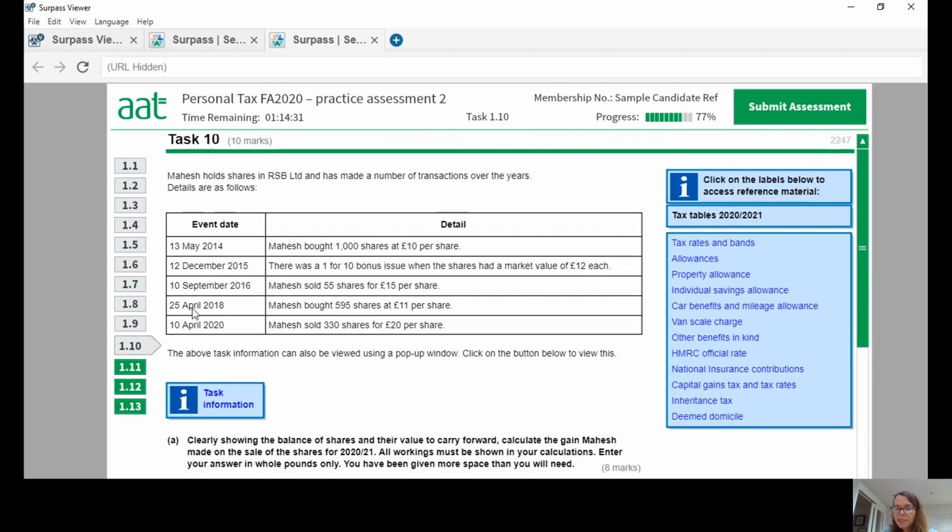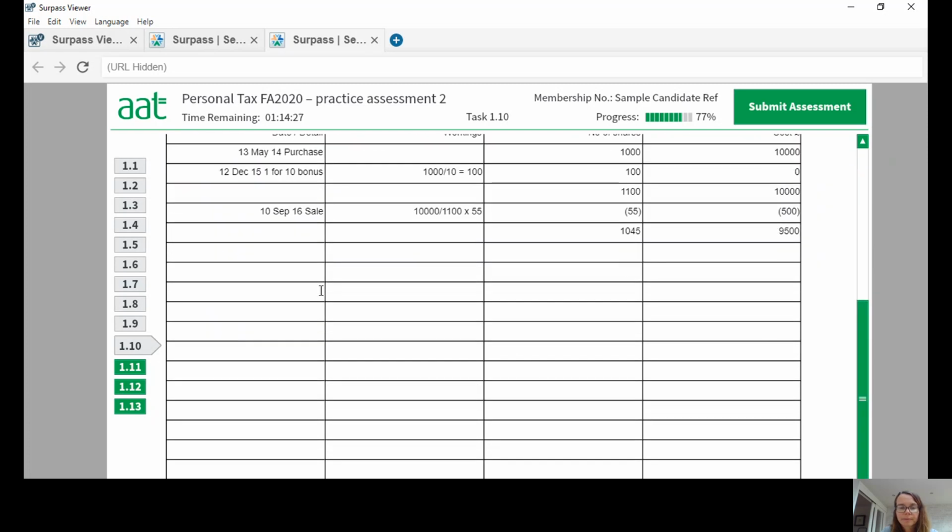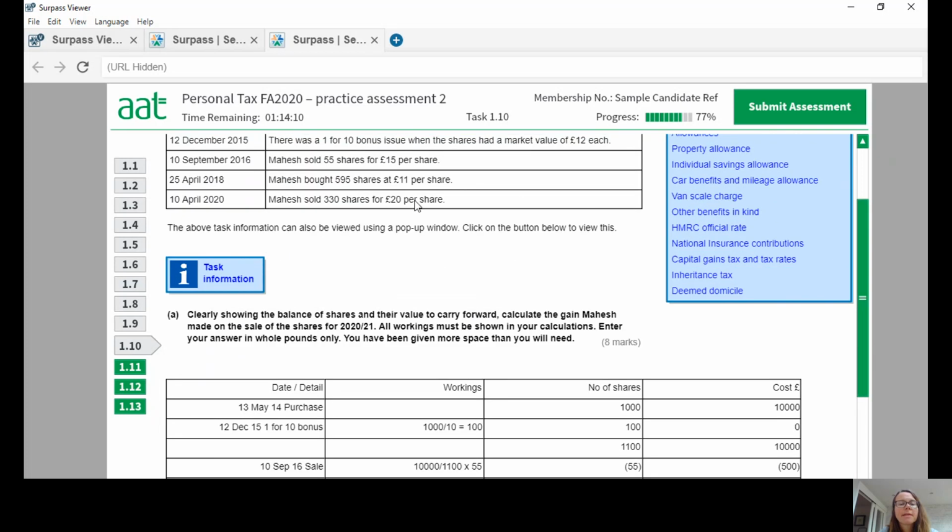Right, what's next? 25th of April 18, we've got another purchase. This is just another 595 shares. This time it is relevant because obviously this is the cost. That's why I think it's helpful to put cost in there.